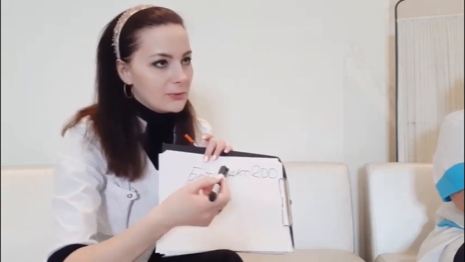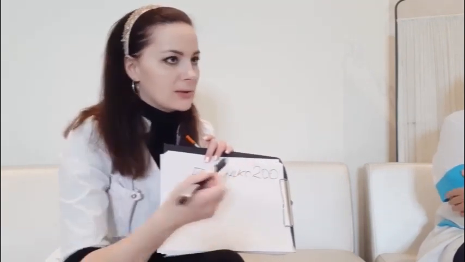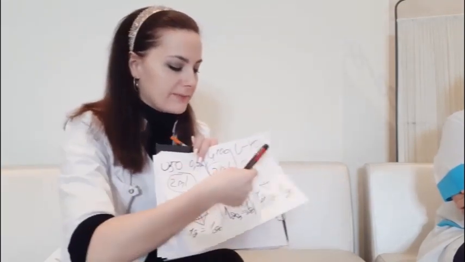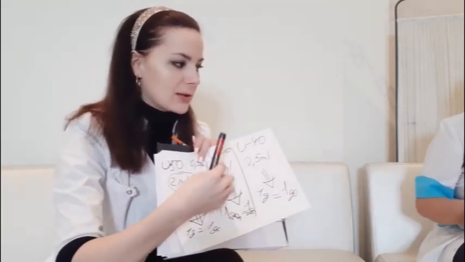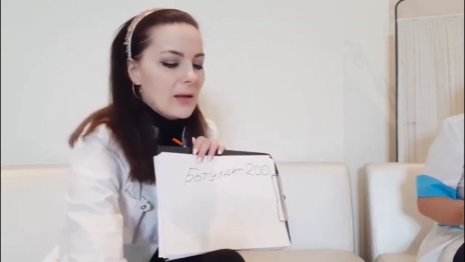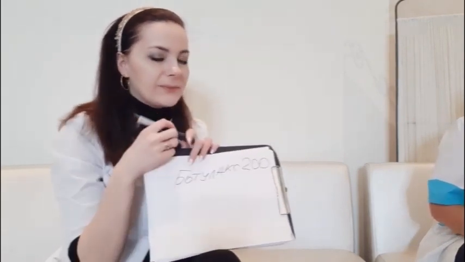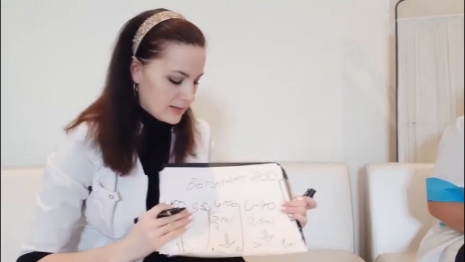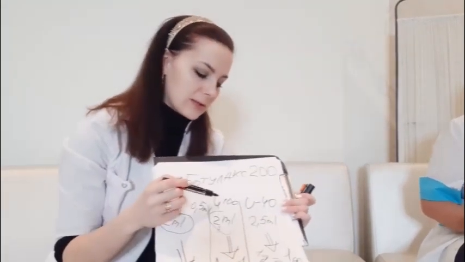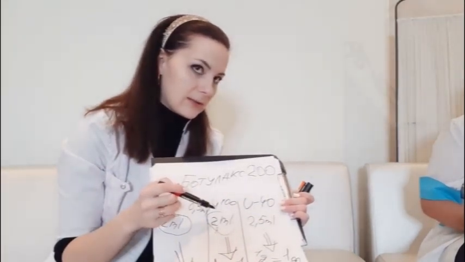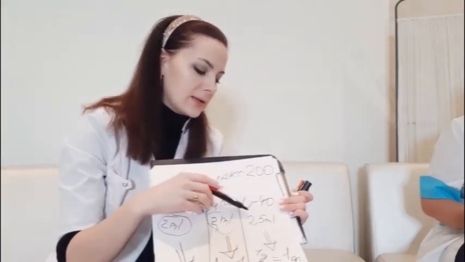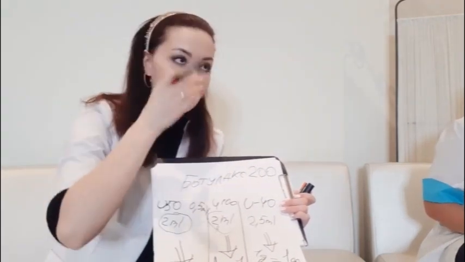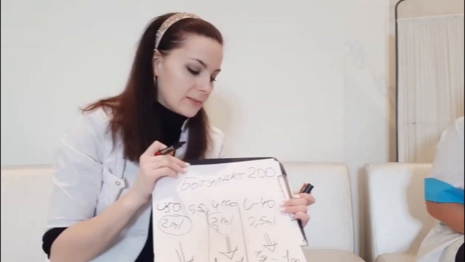So we have considered if we have Botox 200, then how much will 100 dilute? Four, and here, 5. That's right. So we're just doubling up.